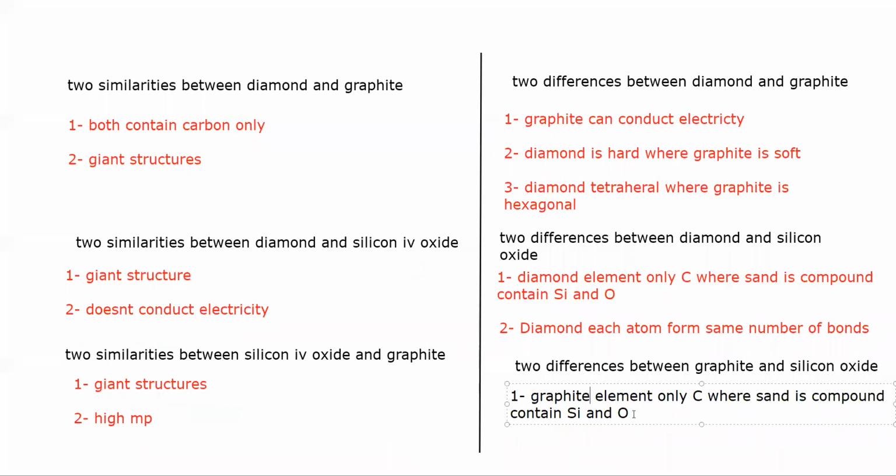And the second difference, graphite has a hexagonal structure, and silicon 4 oxide is tetrahedral.